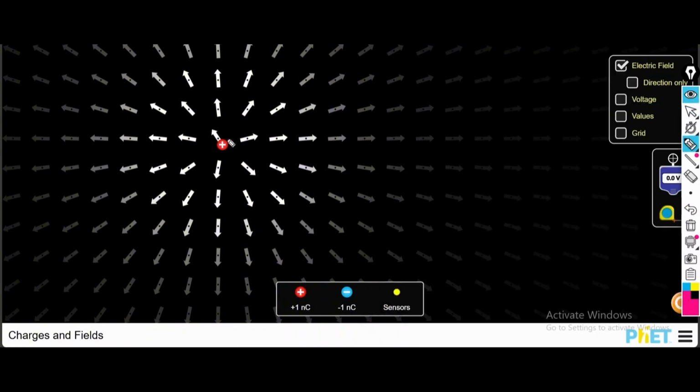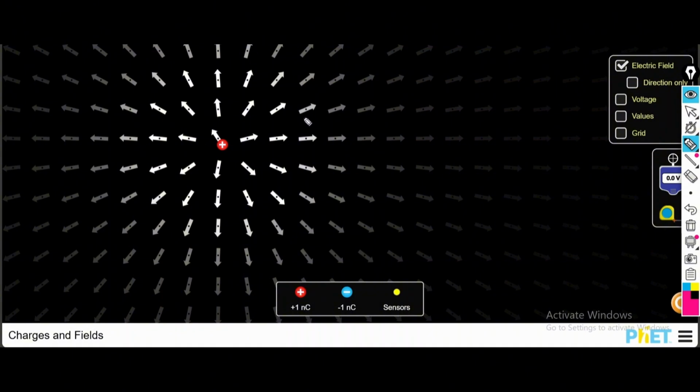This positive charge is surrounded by a large number of lines, which are called electric field lines, and this is a representation of the space around this positive charge. Up to that space, the effect of this positive charge exists.